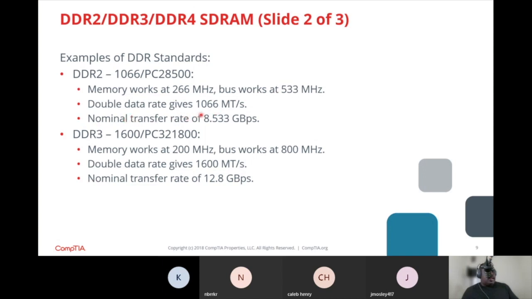Double data rate gives it 1066 MT/s. Normal transfer rate of 8.533 gigabits per second. And remember, we talked about the DDR3 1600. Memory works at 200 megahertz. Bus works at 800 megahertz, giving it double data rate of 1600. Normal transfer rate is 12.8 gigabits per second.